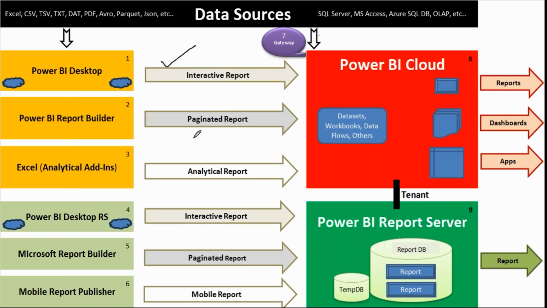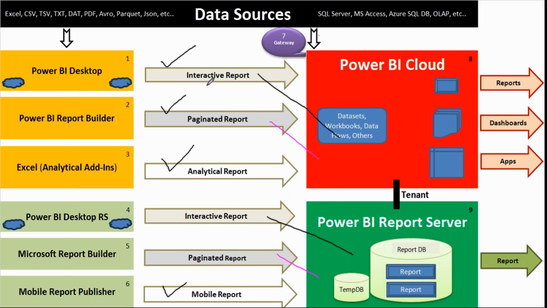There are 4 types of reports. Interactive reports, something new. Okay, observe carefully. Paginated reports, analytical reports, mobile reports. 4 report types. For interactive, we have 2 tools, cloud and report server.